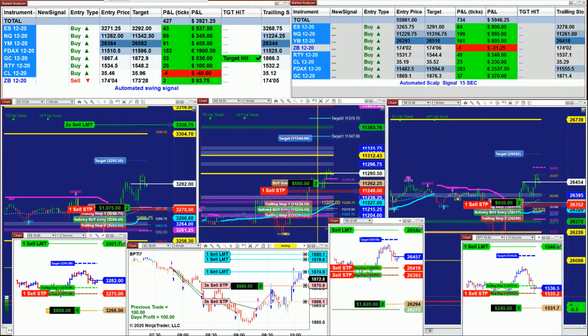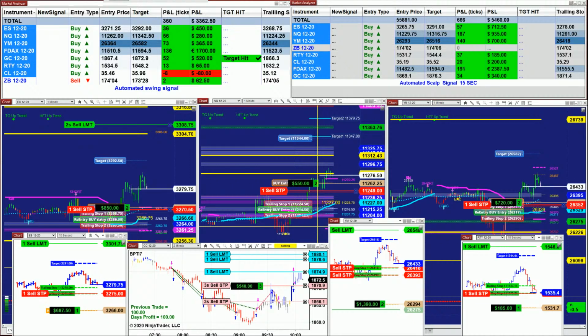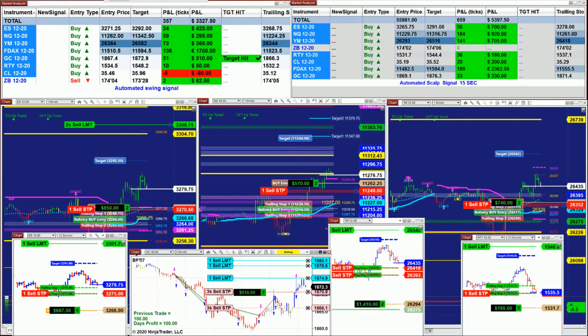And then we start to cover some other charts, but right now I need to keep my eye on the scalpers for a few seconds. And we start to cover the market a bit.